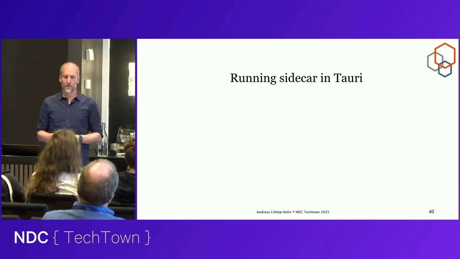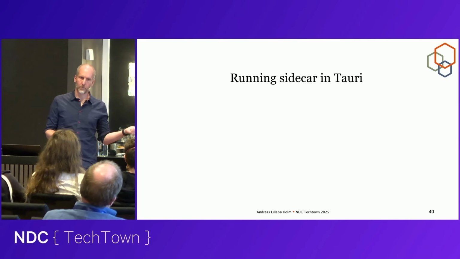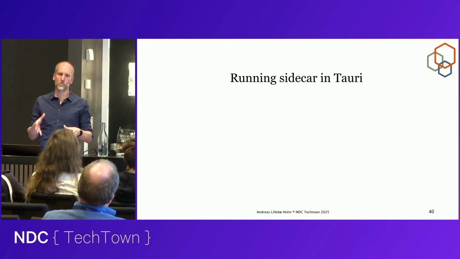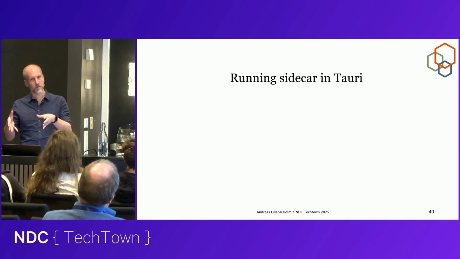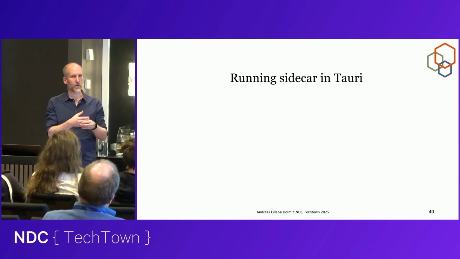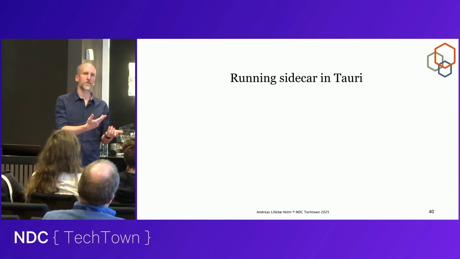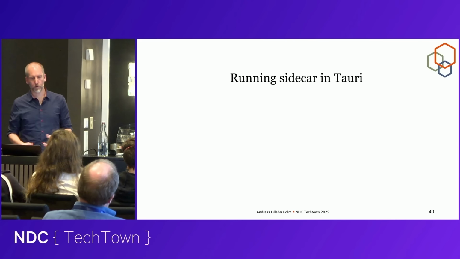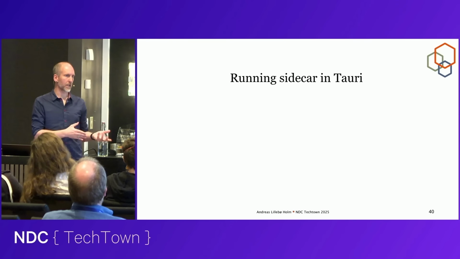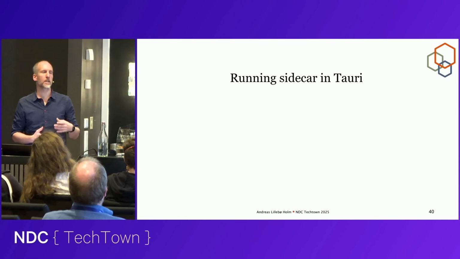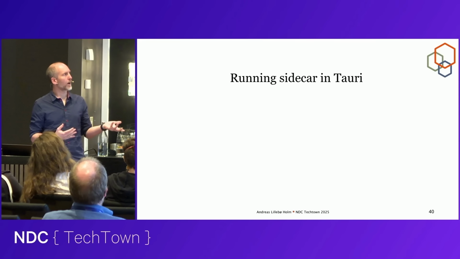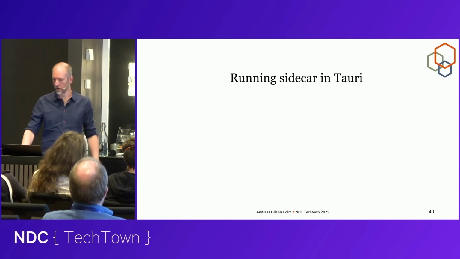Basically, with this Sidecar process, we can combine the Tauri application with some other application that we already have to run certain things. And in Tauri, this is a built-in thing in the framework so that you can actually embed other applications in your application.